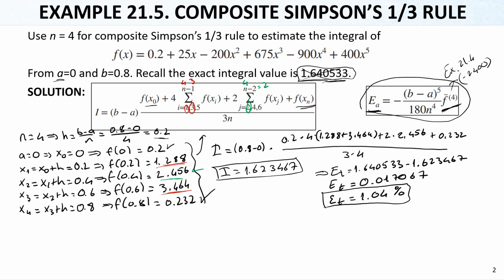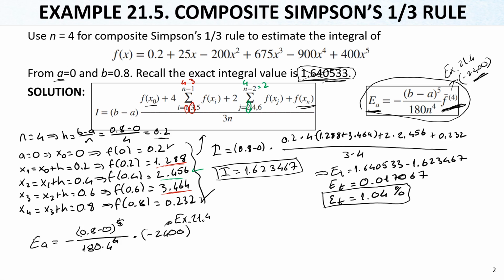Use that here. Then E_a becomes minus (0.8 minus 0) to the power 5 divided by 180 times 4 to the power 4 times the mean value. This is this one, 2400. This is from example 21.4.